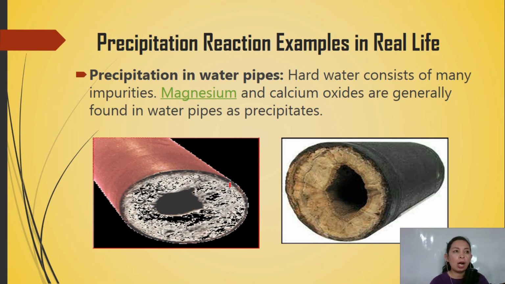That is why there are cases that the water is no longer flowing in our pipes. That is because of this precipitate. Or you can also have, when you are boiling hard water, precipitate that is formed after boiling. Have you noticed that? I hope you noticed that one.